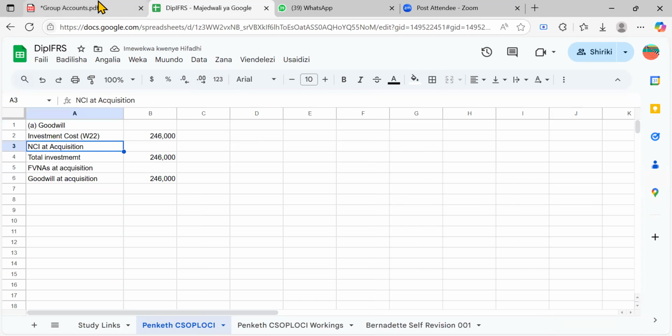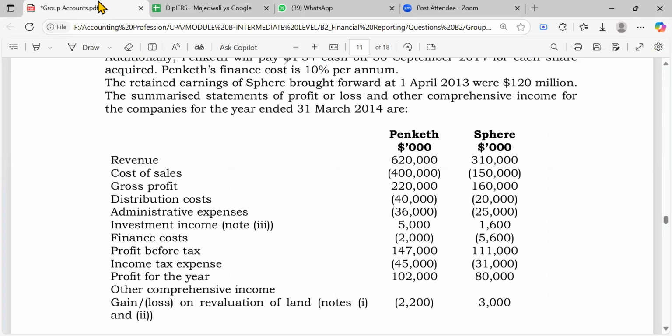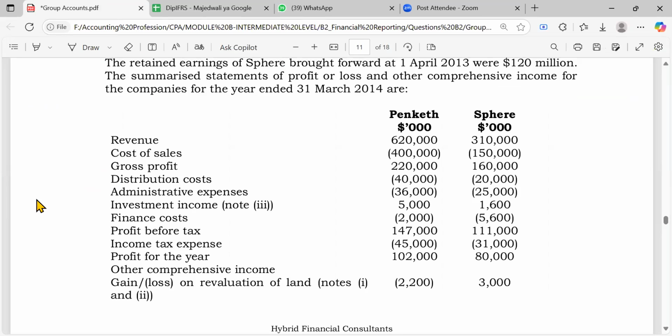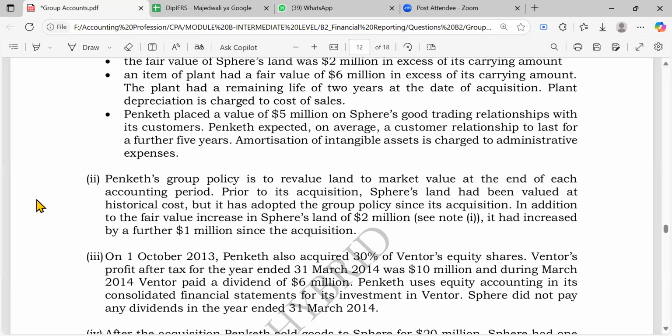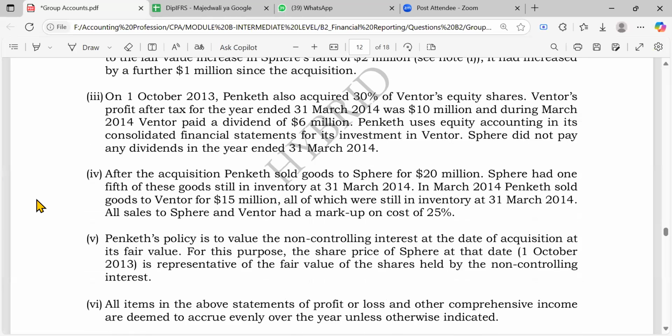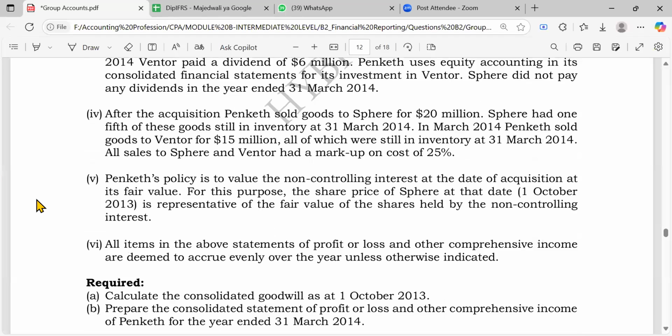If the NCI is measured at fair value, it's simple. You can get it without getting the net assets. But if it's a proportion of net assets at acquisition, then you have no way. You first have to get the net assets. The method is usually specified for NCI, so you can just cross-check quickly.